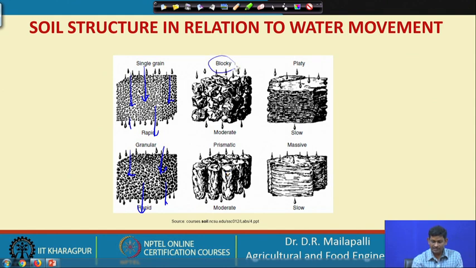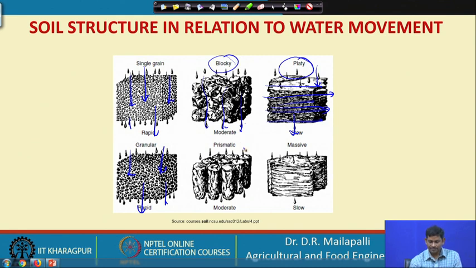Whereas in the blocky structure, the water flow is moderate because of the blocks. In the platy structure it is very slow because you have the plates stacked one by one, so vertical movement will be slower.